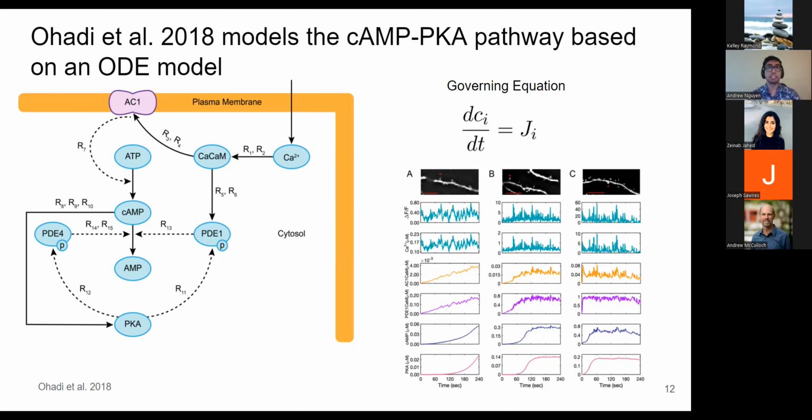And so experimental measurements of these calcium oscillations in dendritic spines also show that calcium oscillates spontaneously, and these measurements are used to generate predictions of cyclic AMP and PKA kinetics for different calcium outputs. So essentially, this coupling of cyclic AMP and PKA are important for looking at spontaneous calcium oscillations.